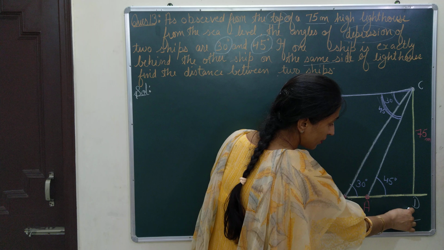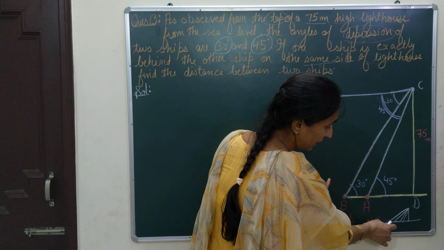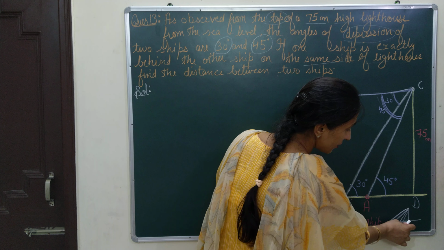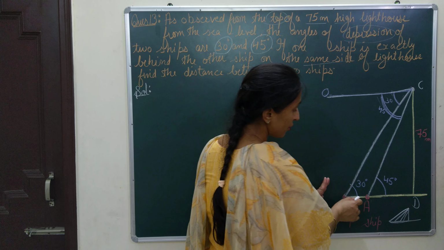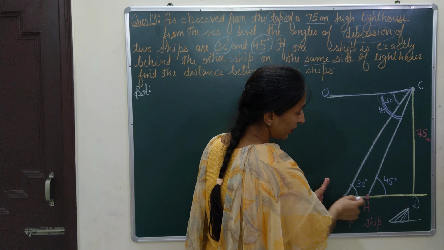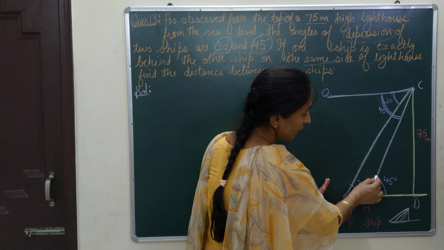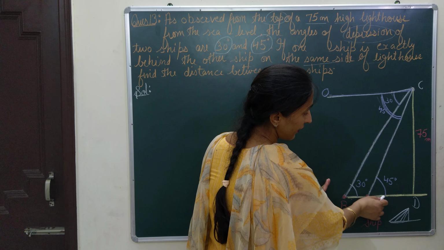If you move farther, the angles will be smaller, and when you move towards the vertical height, the angles will increase. So you can check that my outer angle is 30, and when I am moving towards the lighthouse, this angle has increased. That means you have written the correct angles.